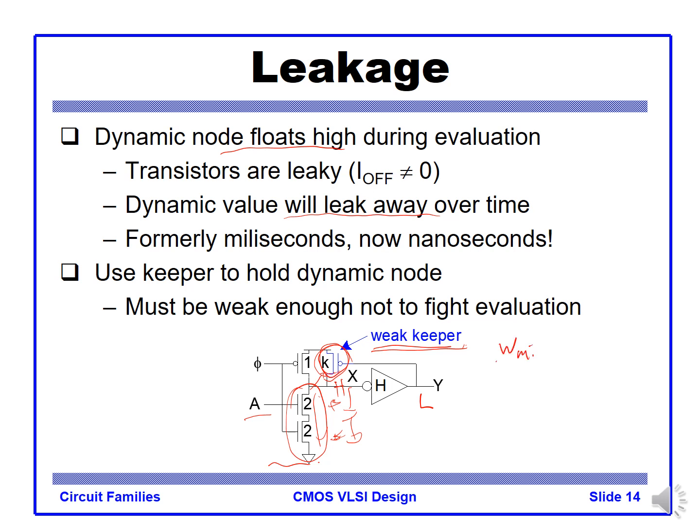So L min and L something larger than the minimum value, right? In that way we can make it very weak, so the proper logic can overcome that keeper device.